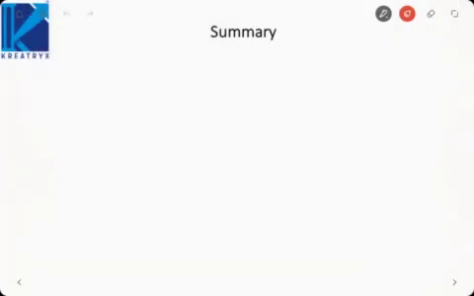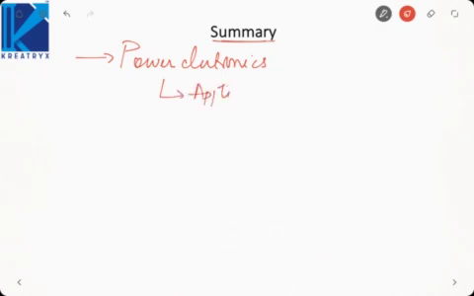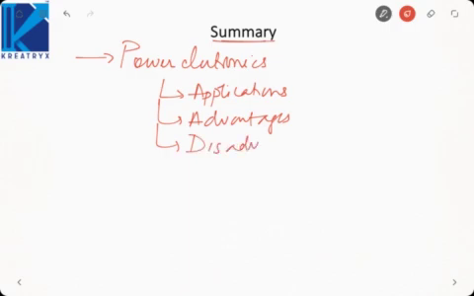So let me summarize what we covered in the basics. We first saw what is power electronics. Then we saw the applications. Then we saw advantages and disadvantages of power electronics.